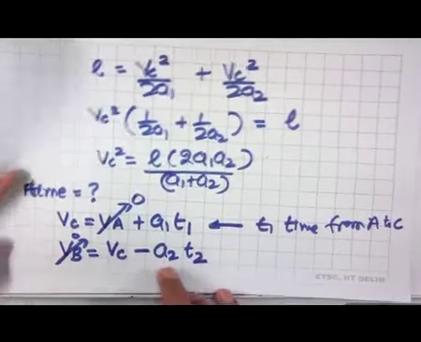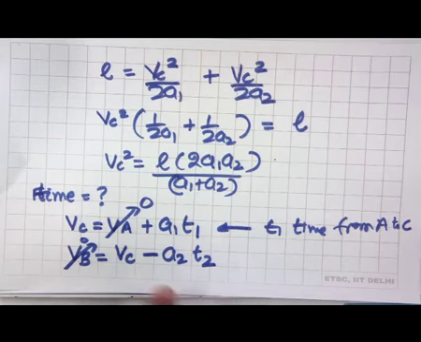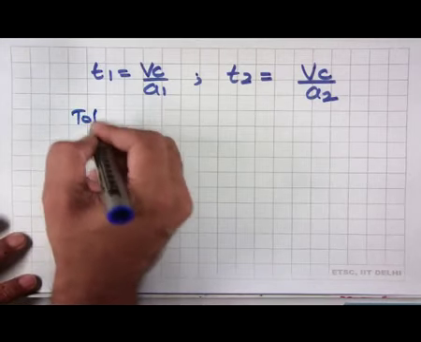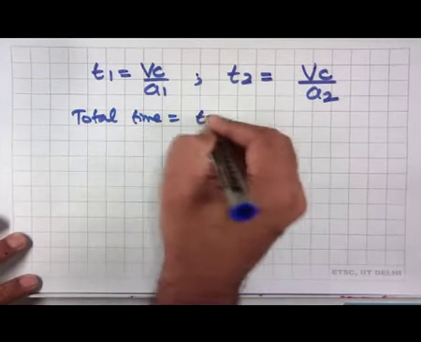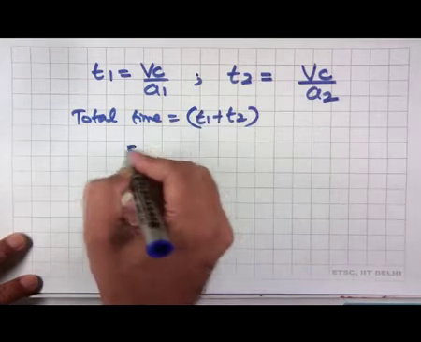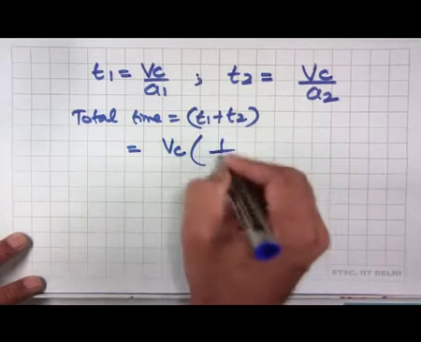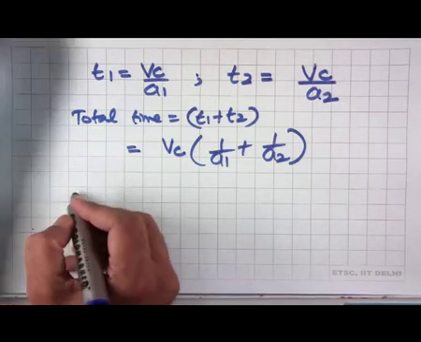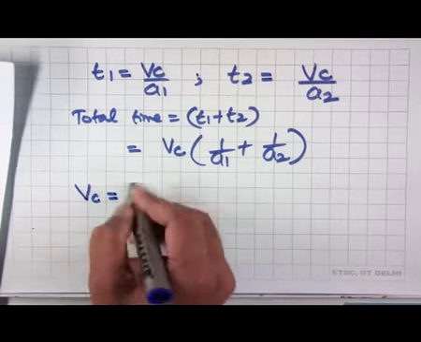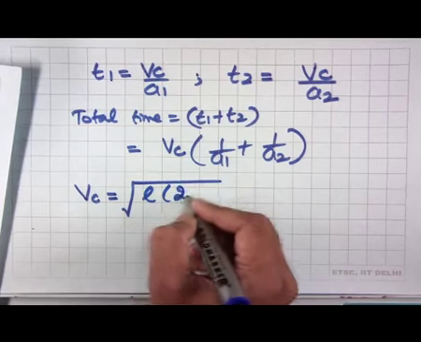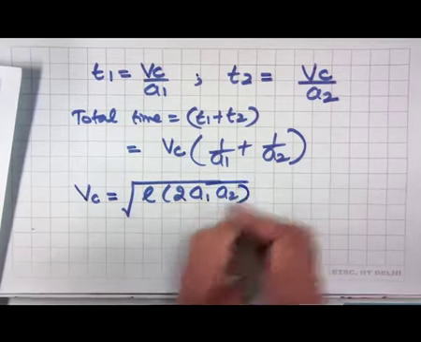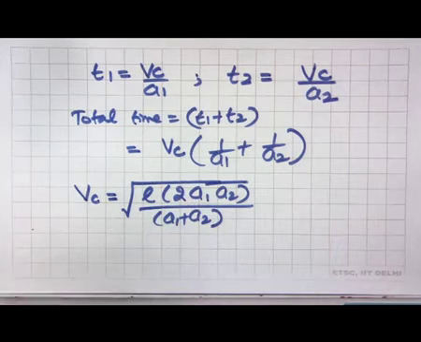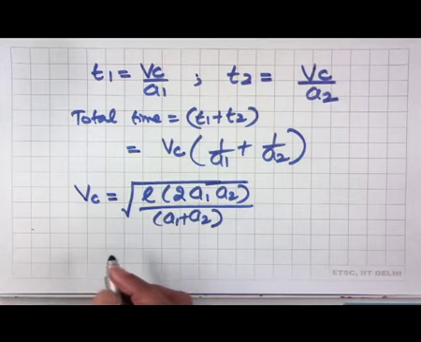Because we had retardation, we have already used minus A2 here. The total time is T1 plus T2, which equals Vc times (1 upon A1 plus 1 upon A2), and Vc is the square root of L times 2 A1 A2 divided by A1 plus A2. We can substitute and simplify.